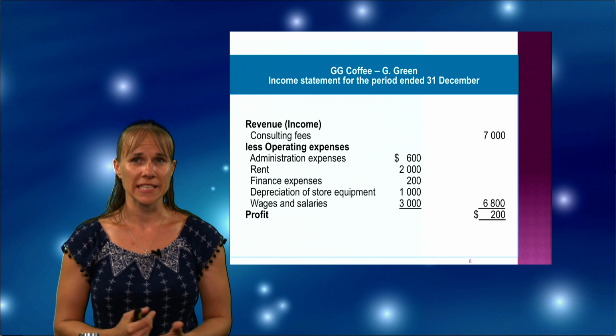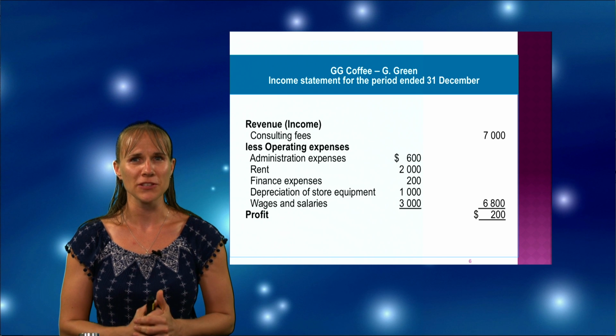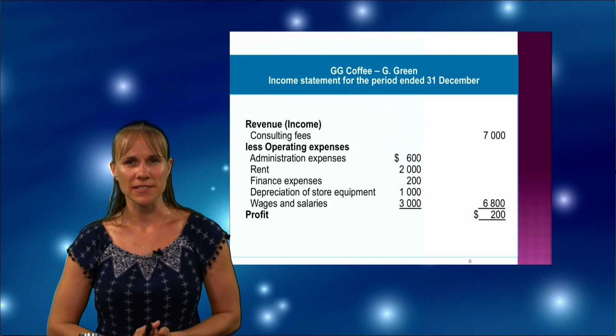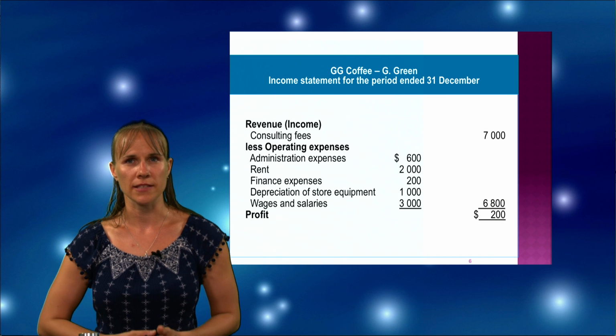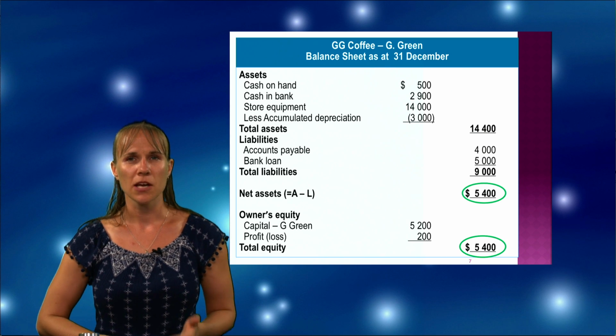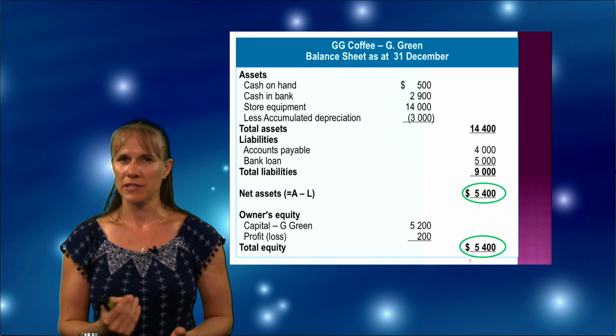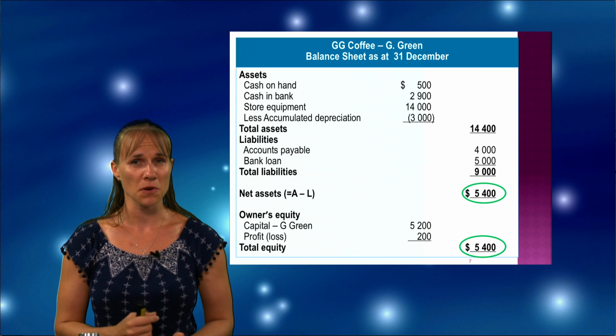So looking at the income statement for GG Coffee, sole trader, you can see we've got revenues, less operating expenses equals profit. As a service firm, it's a nice simple income statement that we're looking at. Looking at their balance sheet, you can see we've got assets, liabilities, then we come to net assets, which is assets minus liabilities.